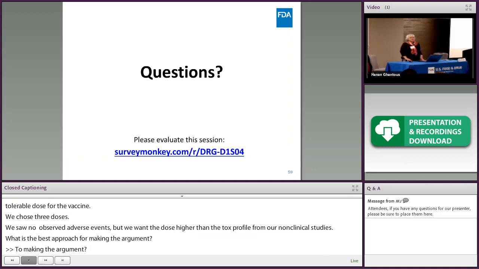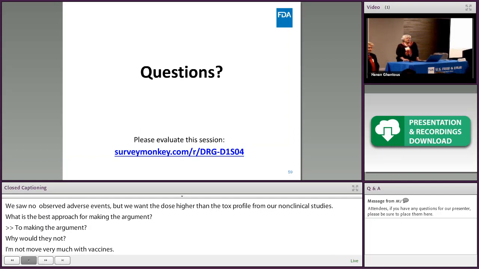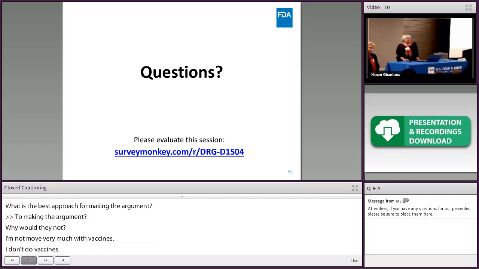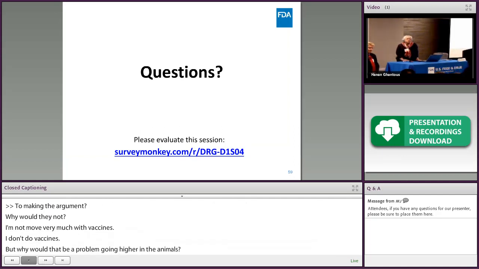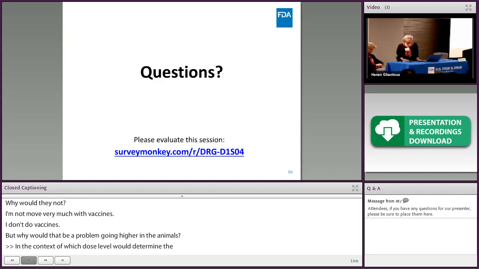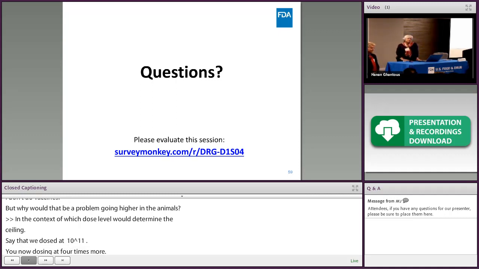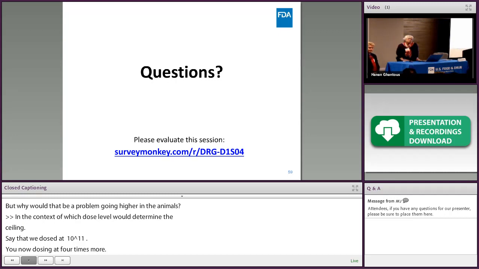I don't do vaccines, but why would that be a problem, going higher in the animals? From my experience, the dose level you used in your non-clinical work determines the tox ceiling. Say we dosed at 1 × 10 to the 11th, and we wanted to go from a monovalent vaccine to a quadrivalent, so 1 × 10 × 4. You're now dosing at 4 times the amount that your tox data supports. Is there any reason for concern that we would get pushback from the agency for taking our dose times 4?